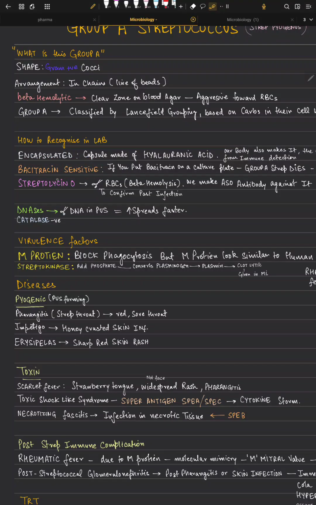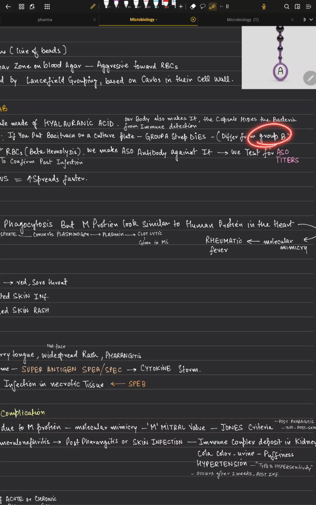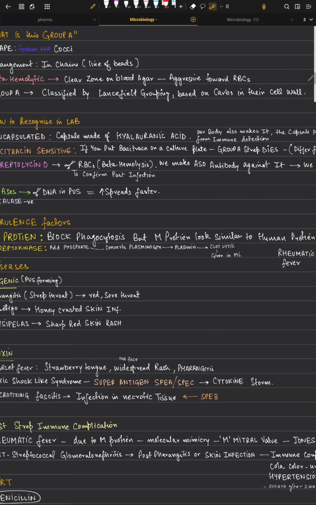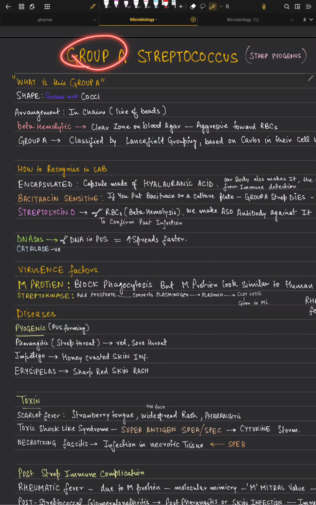Bacitracin is a drug, so if you put bacitracin on a culture plate, the group A strep dies, and group B is resistant to bacitracin. That's very important. So group A is different from group B in, first of all, carbs on their cell wall and bacitracin sensitivity. Group A is bacitracin sensitive.